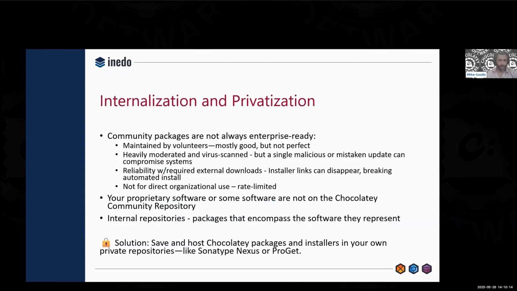But it is important to remember it is a public volunteer-maintained repository, and that includes two important implications. The first is, there aren't guarantees, right? Even a well-meaning update to a package could accidentally break something, or at worst, a malicious actor could slip in a dangerous PowerShell command or something like that.